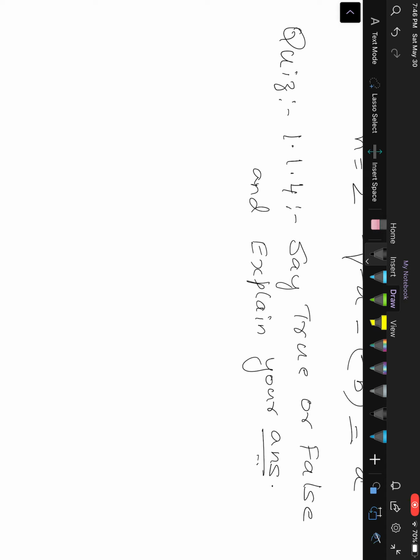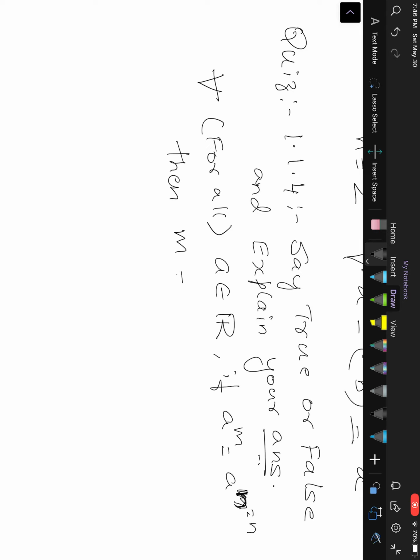The statement goes like this: for all a belonging to R, that is, a is a real number, if a to the power of m is equal to a to the power of n, then m is equal to n. Check whether this is true or false, and explain your answer. You are given this statement as data, and you should say whether it is true or false and explain.